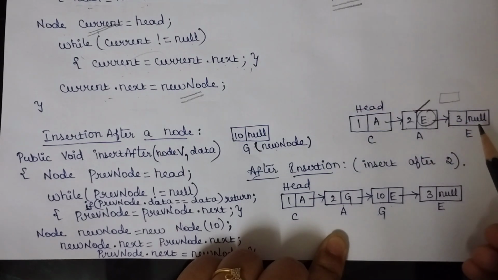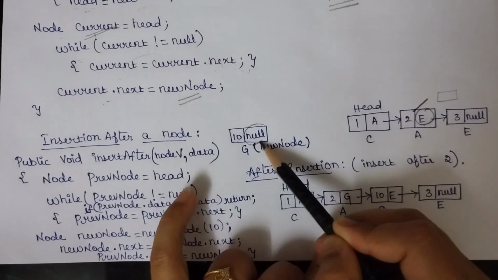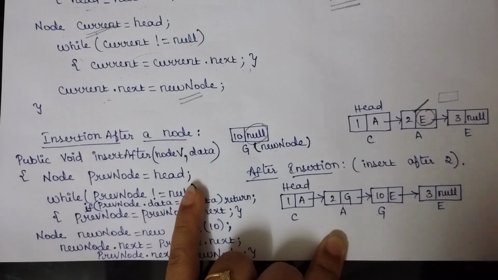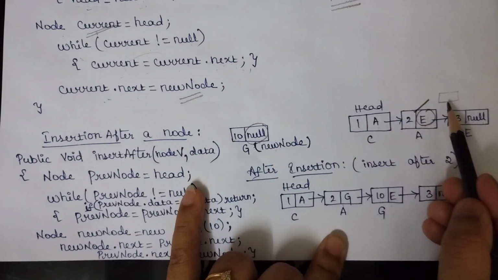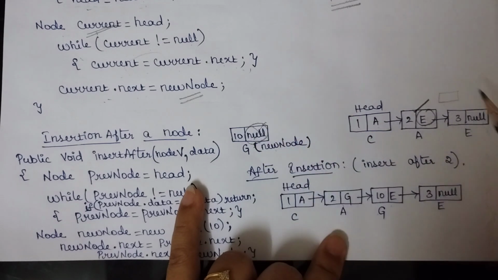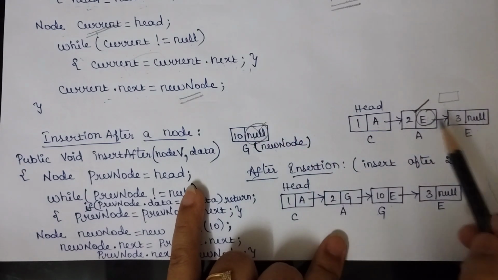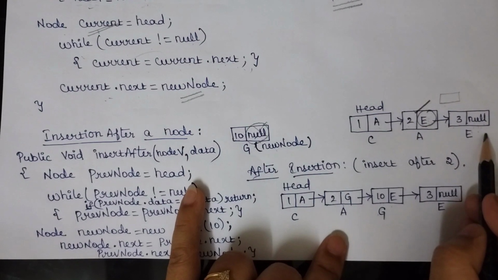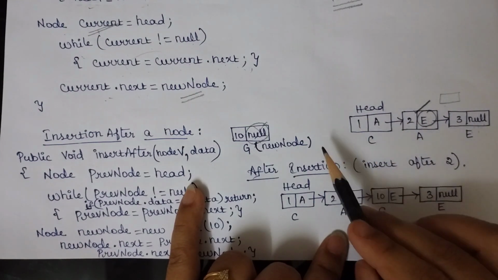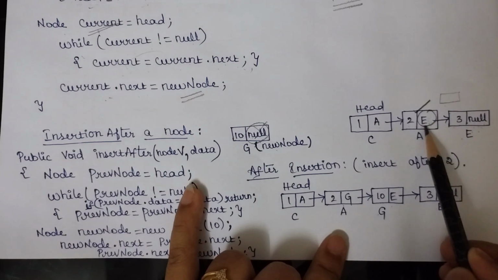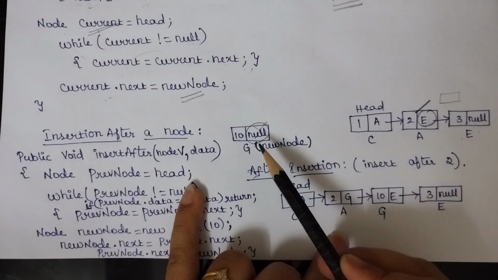The next pointer value is this one, because my new node is pointing to null now, but you have one more node after this when you insert it in between. So instead of null, it should point to my next node, that is the next node of 2. So this is what you are going to do when doing insertion in between. Two changes: one change is in the previous node and the next change is in my new node.